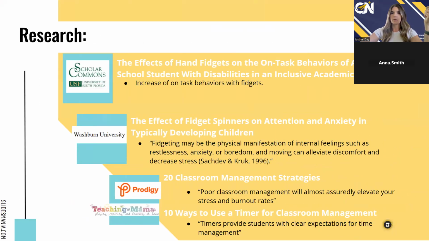So here are her research items. She just has each of them, where she got her research from, and just a little blurb or quote from the research that helped her with the inquiry.